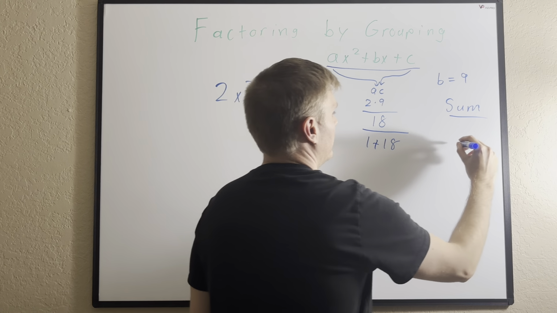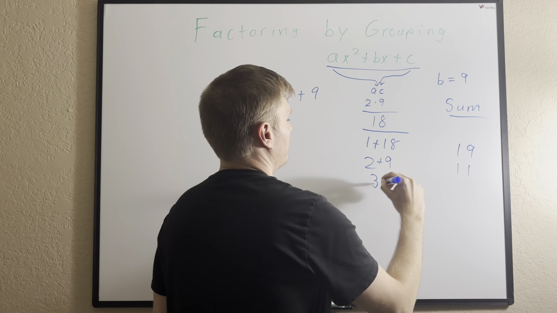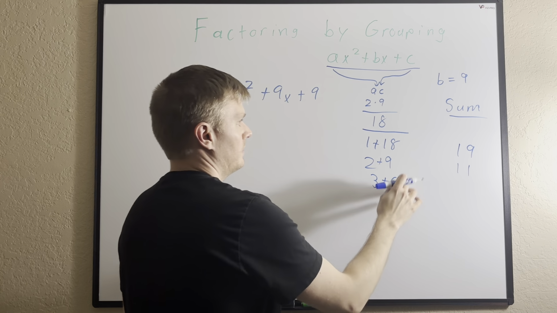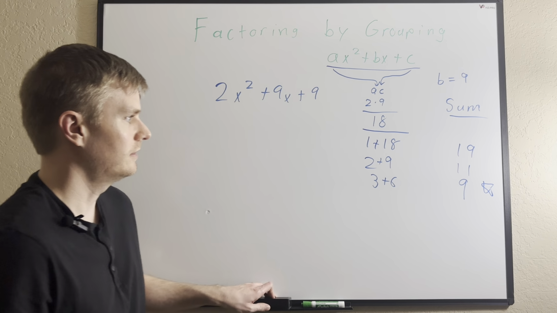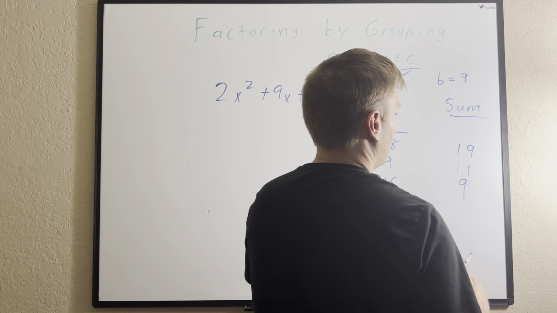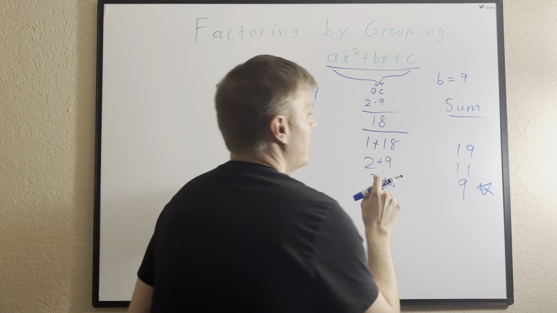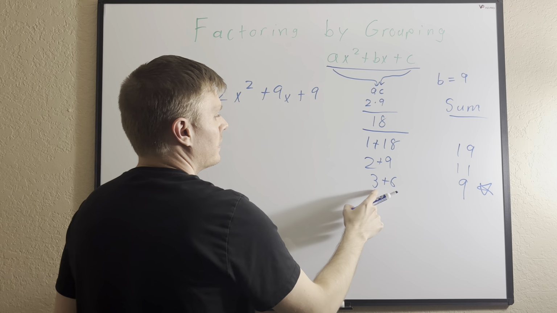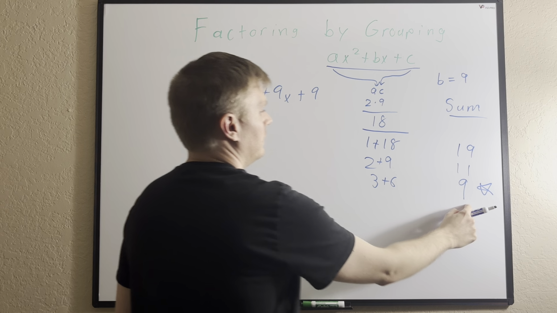That's not working. 3 and 6. 3 times 6 is 18. 3 plus 6 is 9. Ding, ding, ding. There we go. That's a lousy star. There we go. That's still lousy. Oh well. We have our two numbers that multiply to get 18 and add together to get 9, 3 and 6.